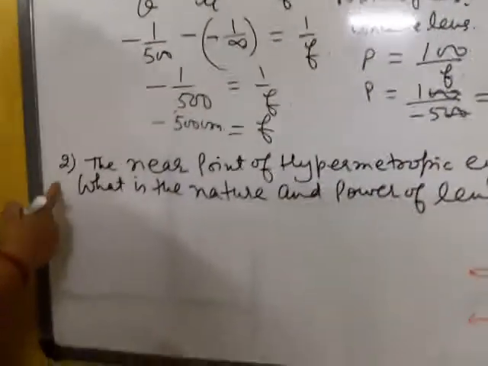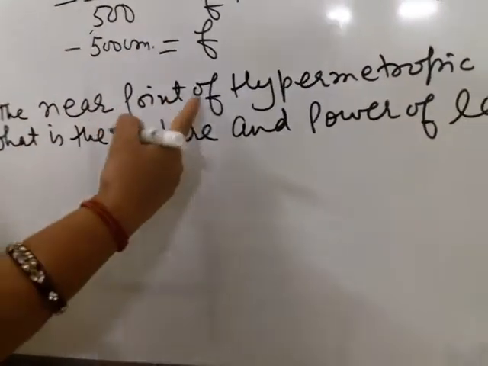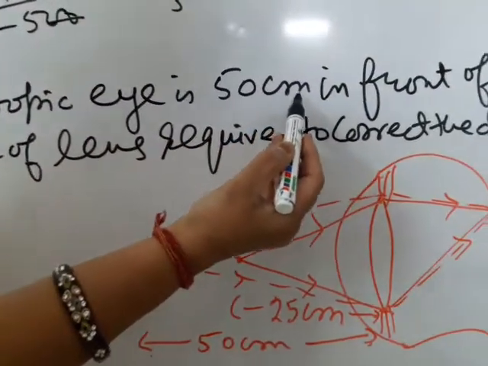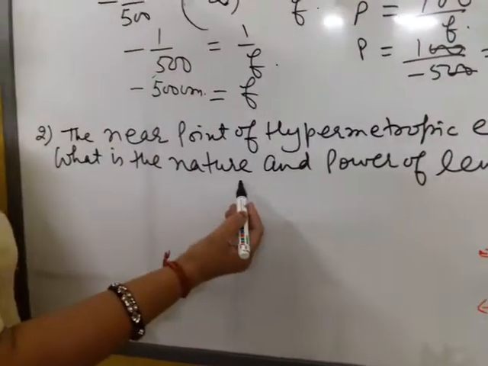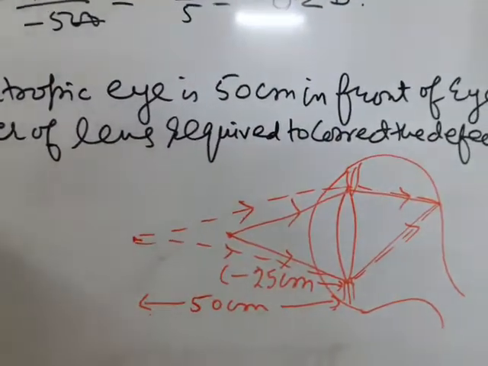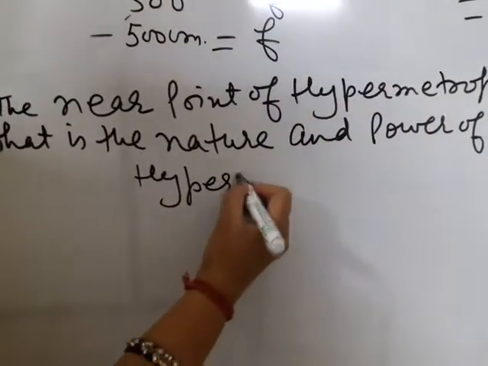Now this is another numerical. The near point of a hypermetropic eye is 50 centimeter in front of the eye. What is the nature and power of lens required to correct the defect? Now the defect is hypermetropic.